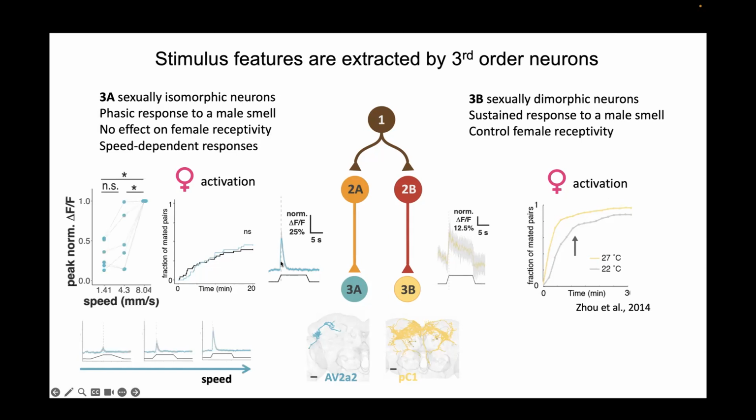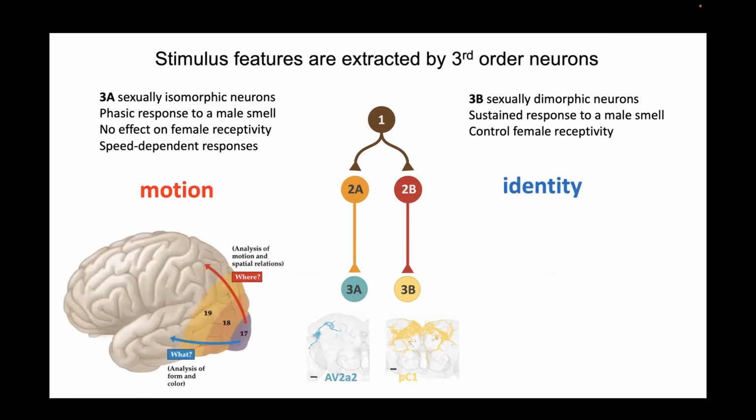But interestingly, the speed of the male movement is encoded by those 3A neurons. When we presented the male at increasing speeds towards the female, the activity in these neurons was stronger. So they have a speed-dependent response. We want to relate this to the what and where streams of information in the mammalian visual system.